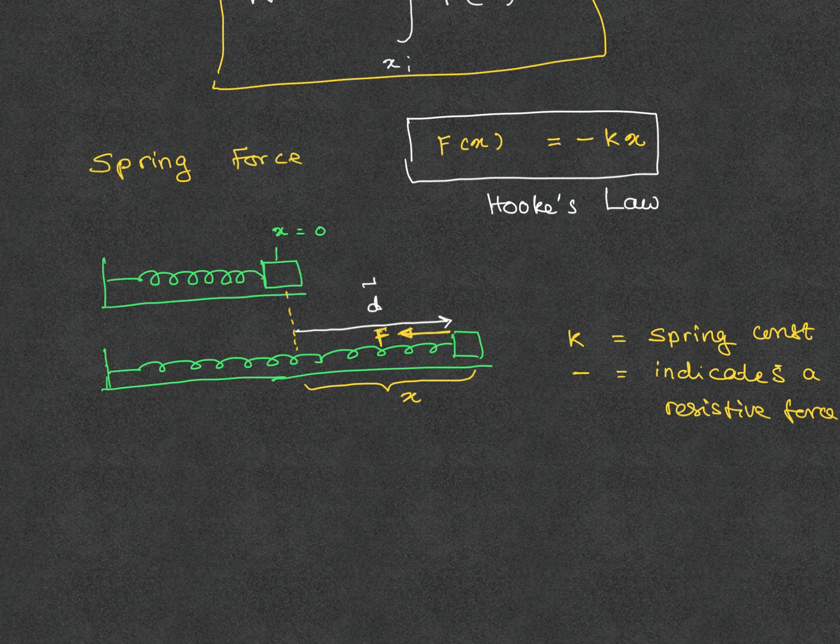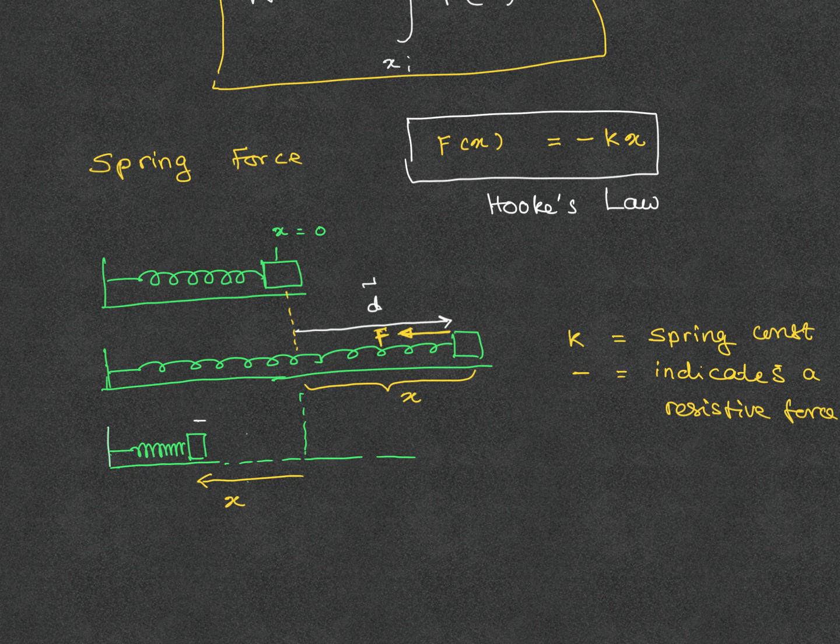Now let's take a compression. Now the spring is compressed instead of expanded. You can see that from the equilibrium position, it has moved in the leftward direction. The equilibrium position was the point in the topmost picture where x equals 0. Now the spring is compressed by an amount x or d. It doesn't matter what letter you are using.